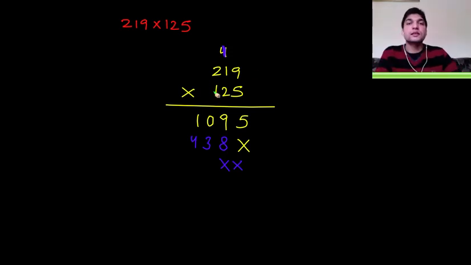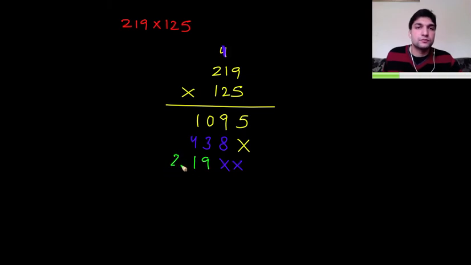If you see here, 1 is already at the hundreds place, so the answer cannot be at the ones or tens place. So I nullified those two positions. So I'll start over with hundreds, right? So 1 times 9 is 9, 1 times 1 is 1, and 1 times 2 is 2. And then we will do the addition operation.